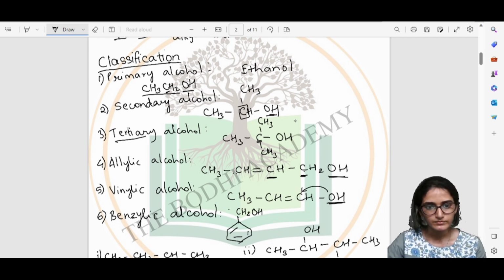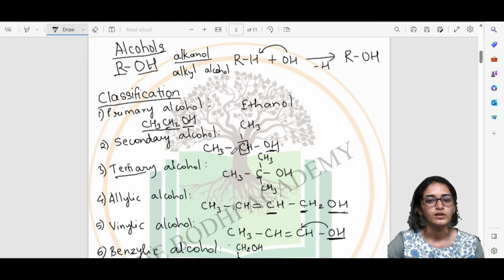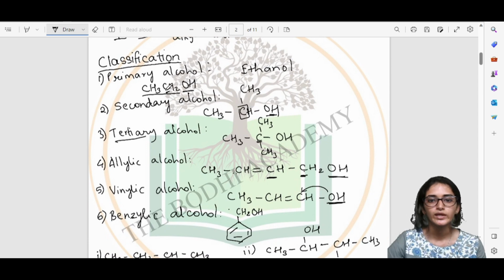Before we name the secondary alcohol, what will be the common name of the primary alcohol written here? The IUPAC name is ethanol. The common name is written as alkyl alcohol. So this is ethane, no? So the common name will be ethyl alcohol.